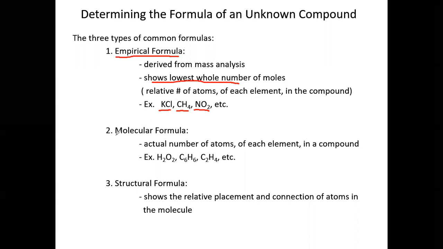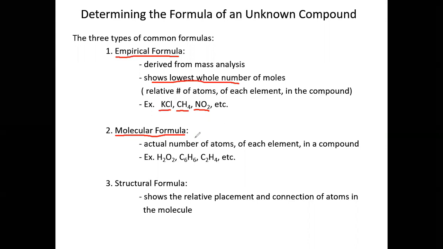Now with covalent compounds and a few ionic compounds, but mostly covalent compounds, we can have a molecular formula, which shows you the actual number of atoms of each element in the compound. Here the whole number ratio does not have to be 1, it could be 2, 3, etc. Sometimes for covalent compounds, the molecular formula can be the same as the empirical formula because it has a common multiple of 1.